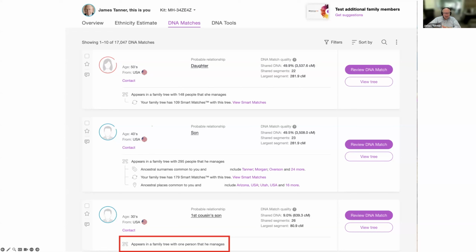Now it would be very difficult to figure out who he was if I didn't happen to know a first cousin. It's possible that I could identify all my first cousins, but if they're all living, that may not be possible, especially if they're people that I don't really have any contact with and don't know anything about.